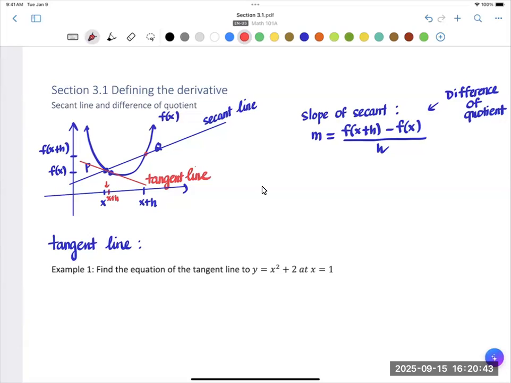So the slope of the tangent line can be found by taking the limit as h approaches zero of f of x plus h minus f of x, over h.